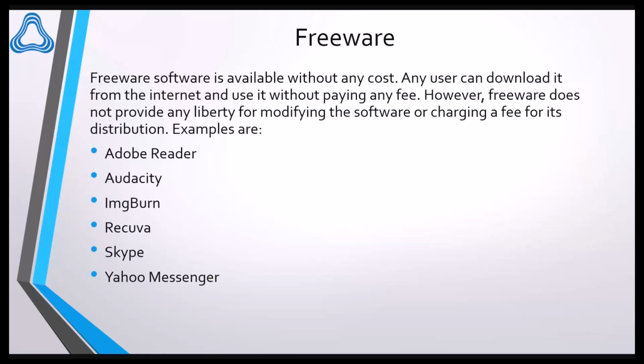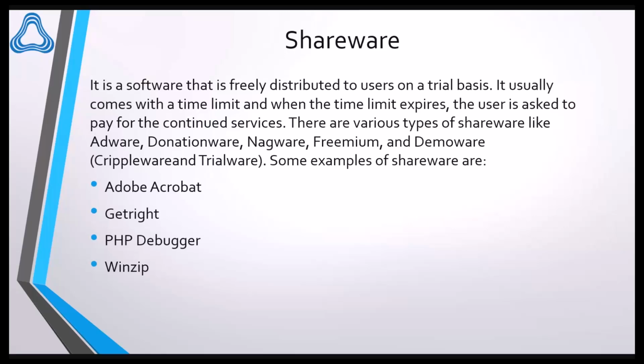Then we have shareware. Shareware is software that is freely distributed to users on a trial basis, and it usually comes with a time limit. When that time limit expires, the user is asked to pay for continued use of that particular software.